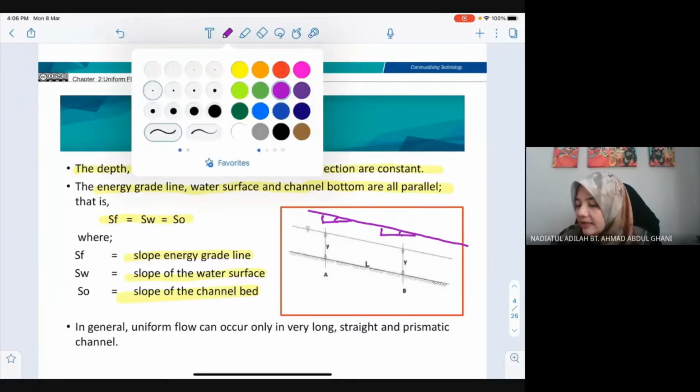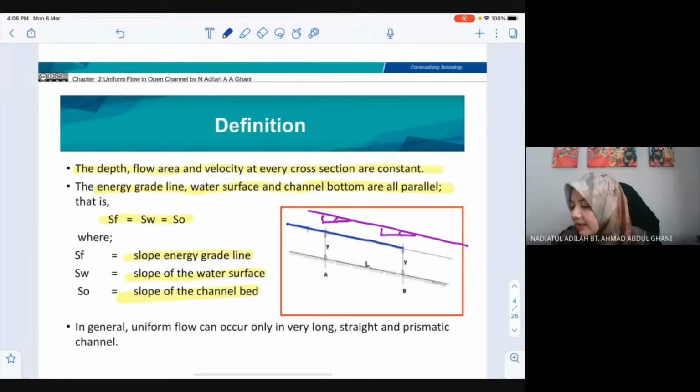Water surface ialah paras permukaan air, and then channel bed ialah dekat bawah ni. Maksudnya, slope untuk channel bed adalah sama or parallel dengan water surface dan juga energy grade line.